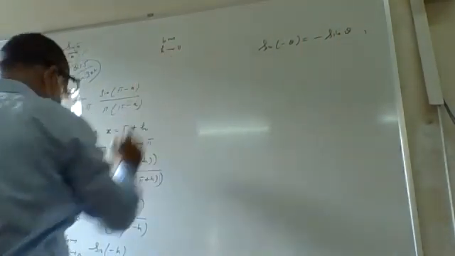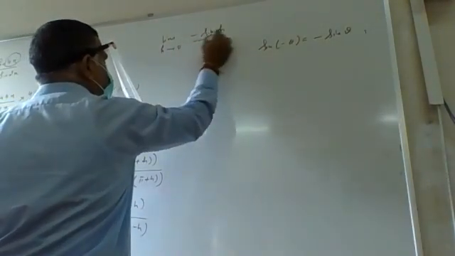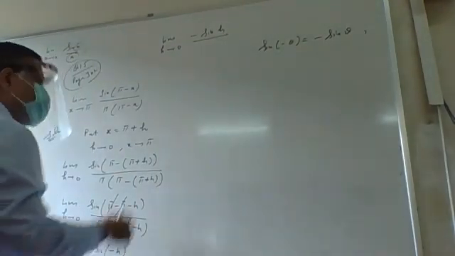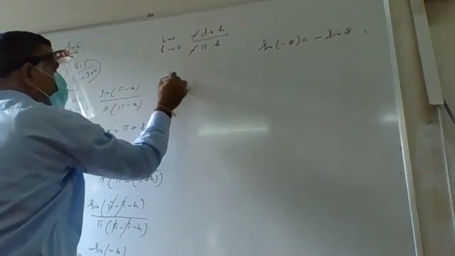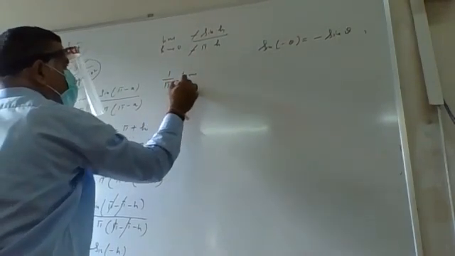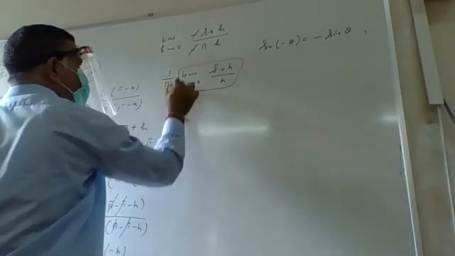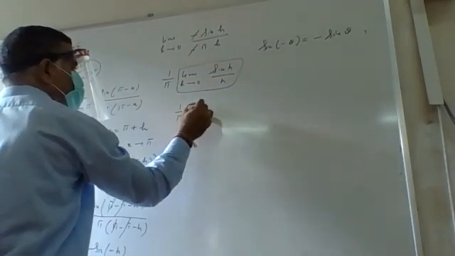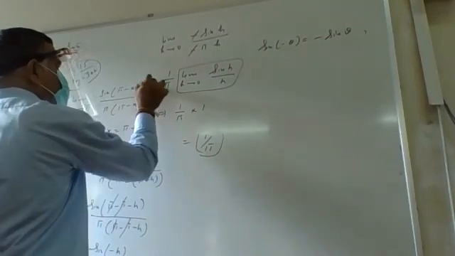Limit h tends to 0, minus sine h upon pi is to minus h. Minus pi is to h. So this minus goes. 1 by pi, it is a constant, it comes out. This is sine h upon h. This is equal to 1. This is the answer.